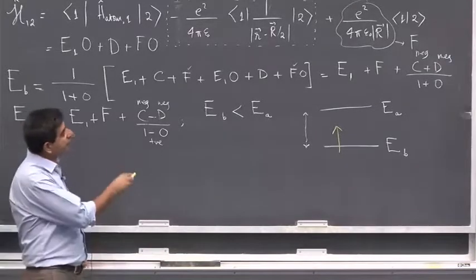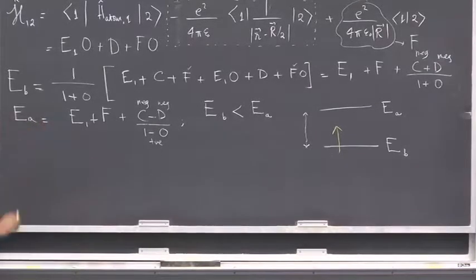Now let's get a physical feel of what the wave functions are going to look like. So you have two wave functions over here. This is the bonding wave function, this is the anti-bonding wave function.